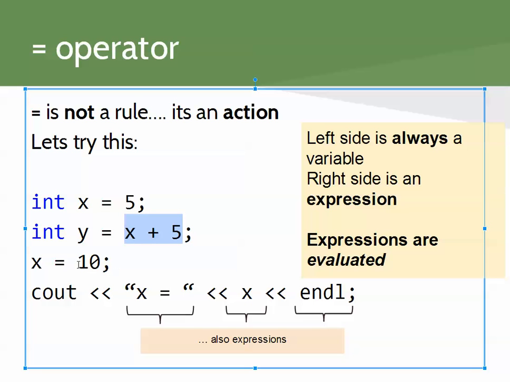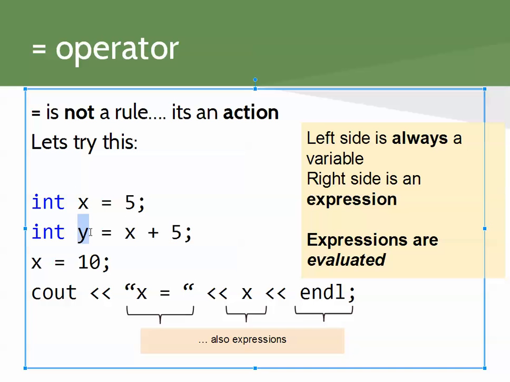If I was to set x to equal 10 later on, and notice that I'm using words like later on, there is a timing aspect to all of this. In a program, one line executes at a time, and then we go to the next line. It's a very, very small amount of time, so it seems instantaneous, but it's not. It's a one-by-one step through the code. So when I say x is equal to 5, y will be 5 plus 5.